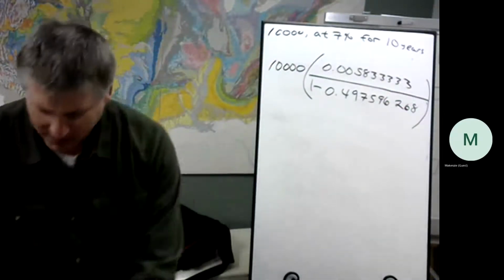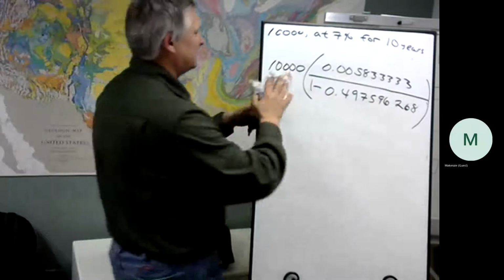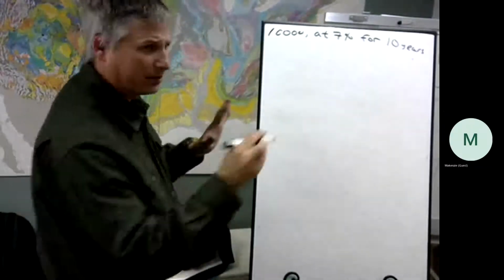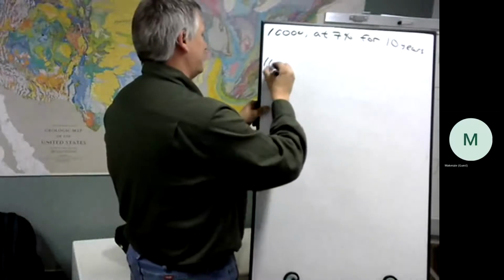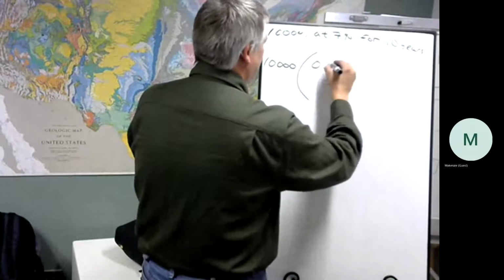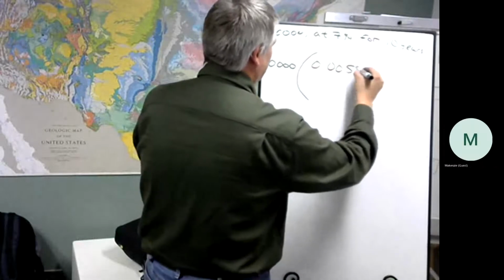So here, let me go through it again. I apologize. I missed a digit there. So if you're copying down notes, let me run through this again. I made some kind of an error in here. So R over N, again, you want to calculate that first.